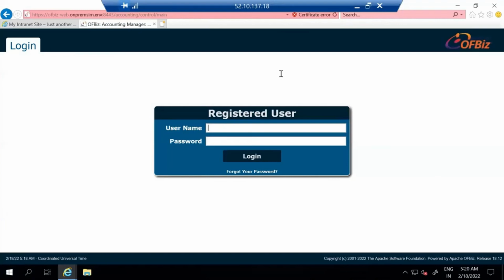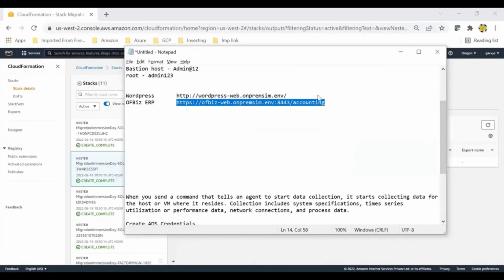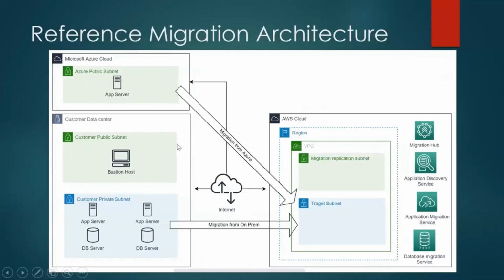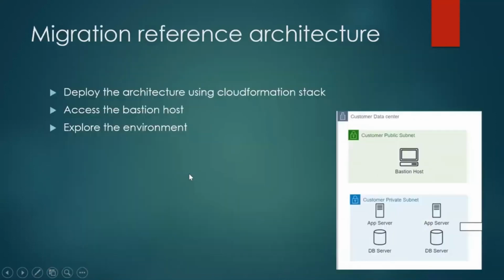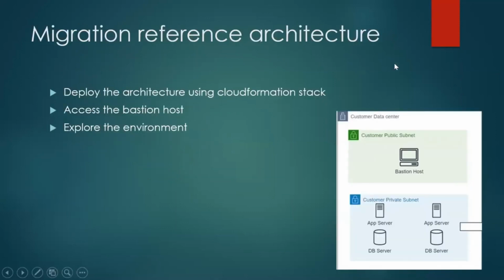So let's get back to our presentation for more clarification. So this is our reference architecture that I have shown you. So from the Bastion host, I am accessing these applications. So as a part of application discovery services, before this migration reference architecture, we have deployed the stack.